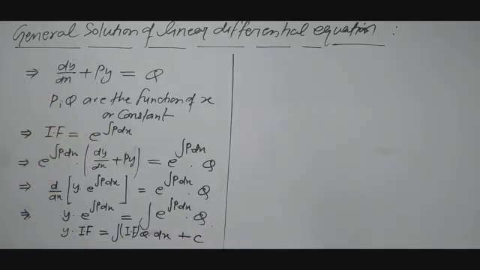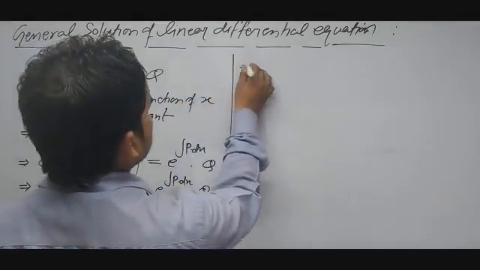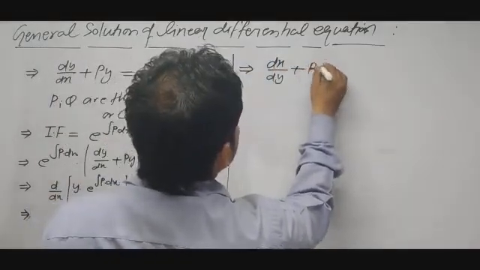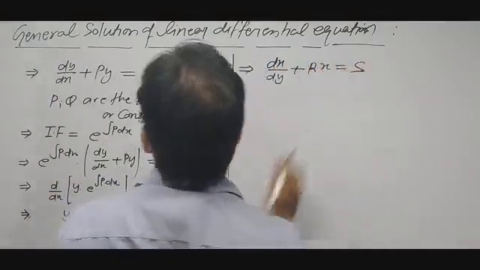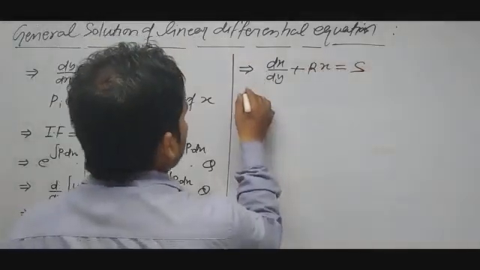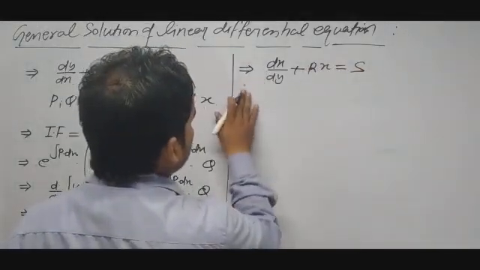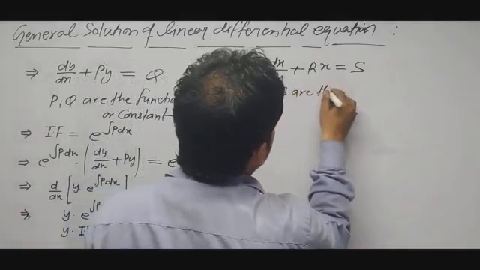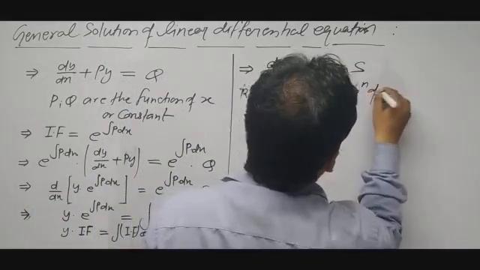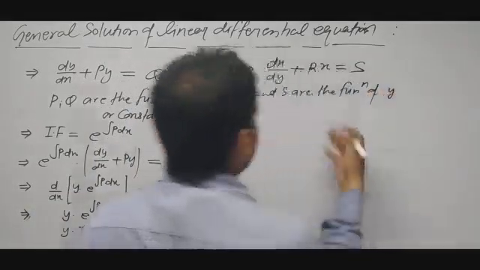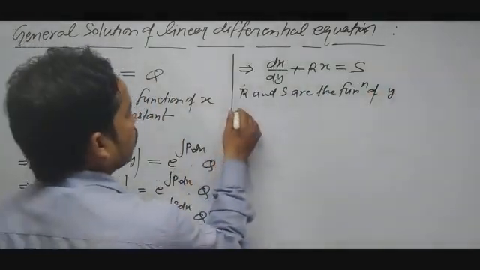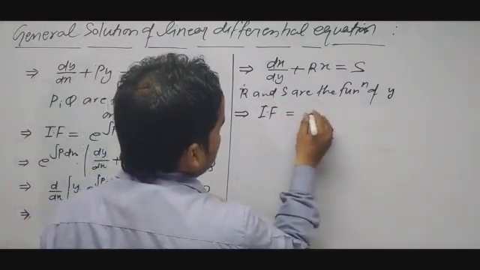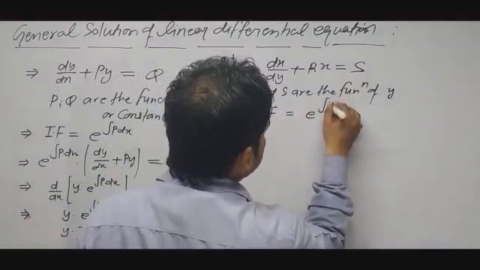So for the equation dx upon dy plus Rx is equal to S, where capital R and S are functions of y or constant. Now in the second step you will use the integrating factor formula, that is e to the power integration of P dy.